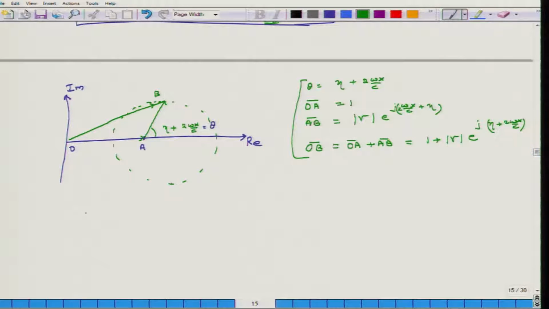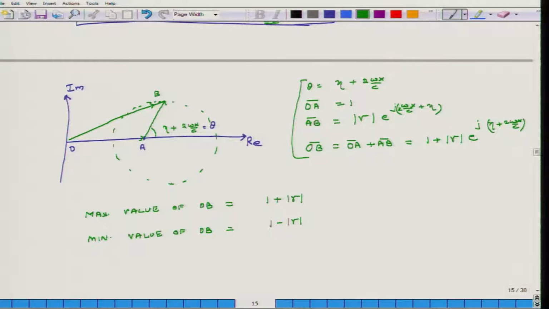So, the maximum value of OB will be when theta is equal to 0 degrees, and then the maximum value will be 1 plus gamma, and the minimum value of OB will be 1 minus gamma.